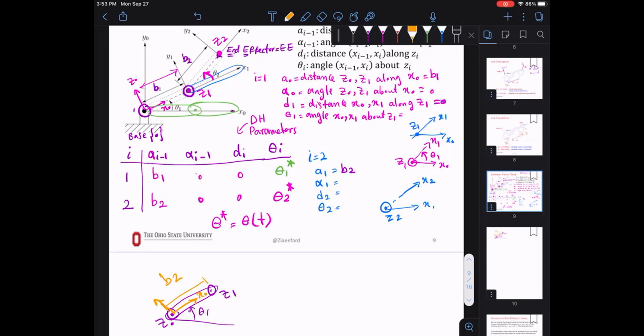At home position, Z0 and Z1 were here, and this is x0. After some time, it went to this position, so our x-axis also moved with it. When we are trying to find the distance, we are still finding it along our x0. We don't find the projection. We measure along the axis.